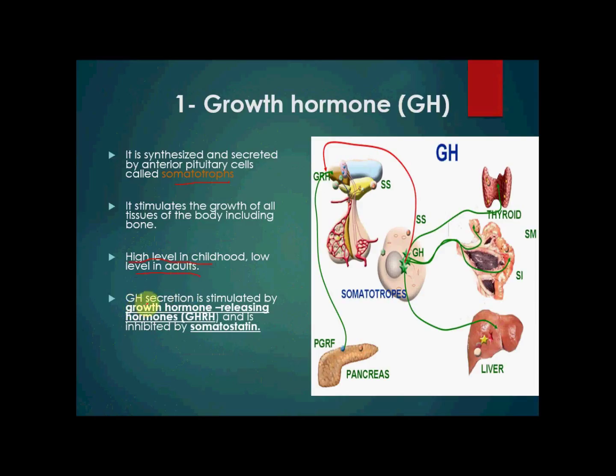The growth hormone secretion is stimulated by growth hormone releasing hormone, that will be from the hypothalamus, and it is inhibited by somatostatin. Now, somatostatin comes from the pancreas, liver, even in our intestines, the duodenum. They secrete the somatostatin.